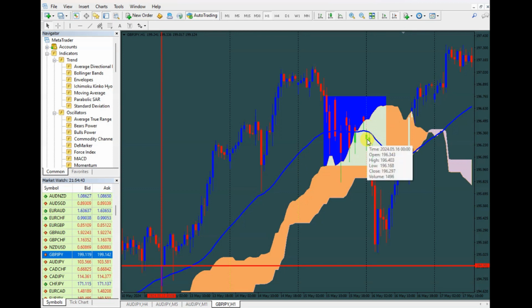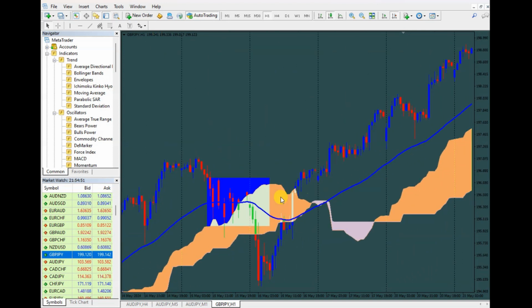So once you are getting experience in the market, you will know that this is not a good area to trade.